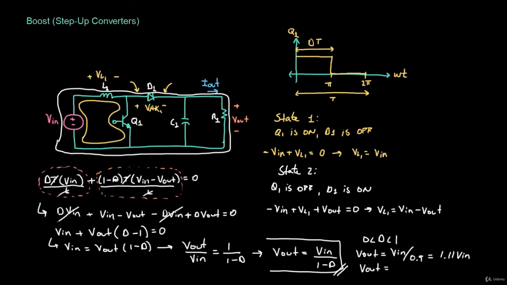So we would get that Vout would be equal to Vin over (1 minus 0.9), which is 0.1. So this would be equal to 10 Vin. I just took two numbers to illustrate how the boost converter steps the voltage up. So by varying D from 0 to 1, we can get a higher voltage at the output than the input voltage.